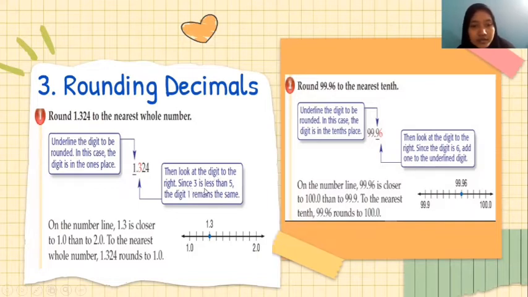Since 3 is less than 5, the digit 1 remains the same. On the number line, 1.3 is closer to 1 than to 2. To the nearest whole number, 1.324 rounds to 1.